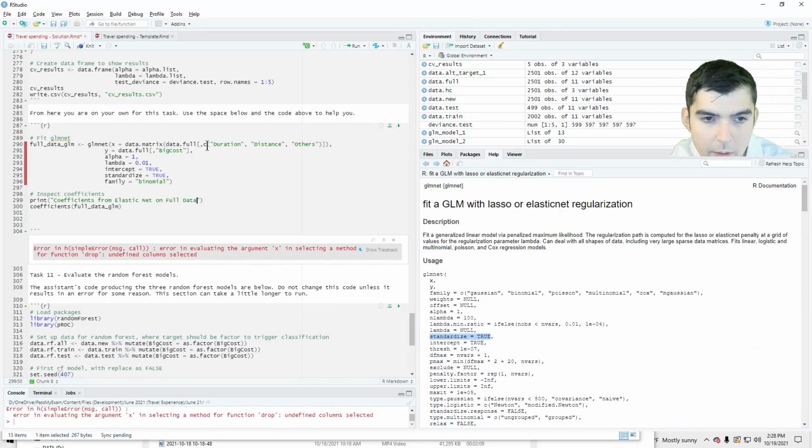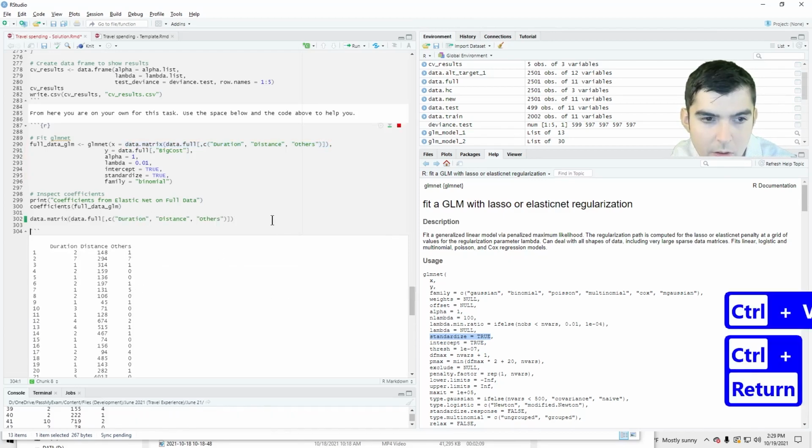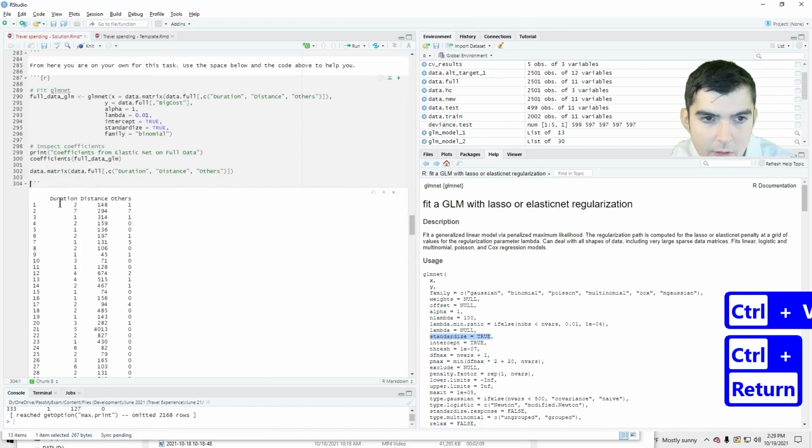And that's not working. It says error in evaluating argument x in selecting a method for function drop: undefined columns selected. So there it is.